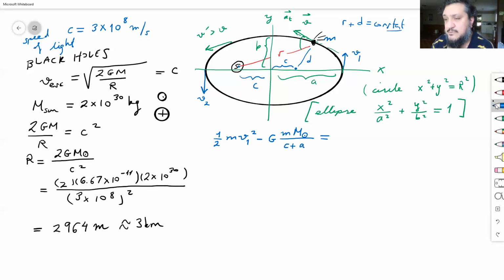This means when the comet is on the other side, at the closest position, it's going to have this as the energy: one half m V2 squared minus G m mass of the sun divided by, okay, this is a minus c now.